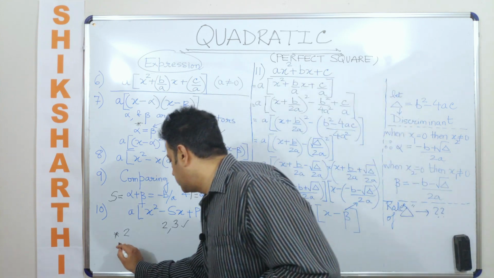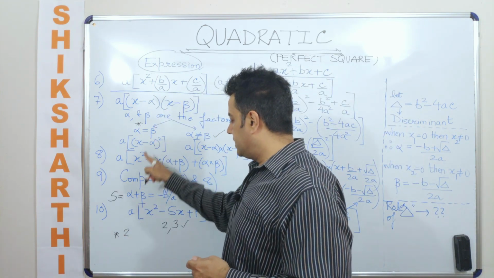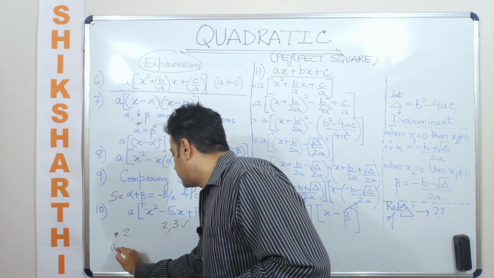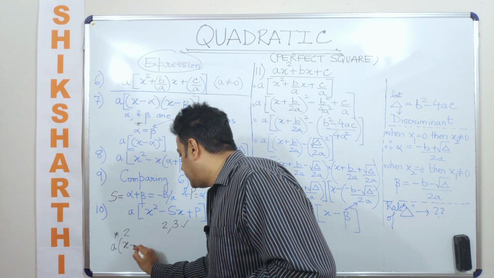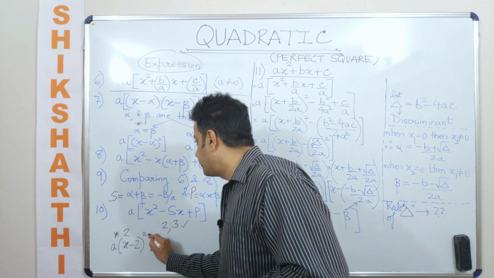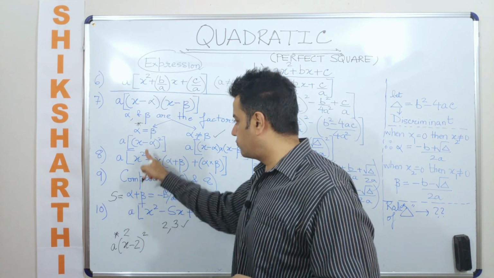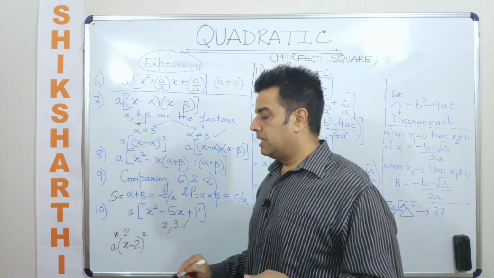How will I write it down? Now I know that alpha is equal to beta is equal to 2. In that case, I will simply write it down as a times of x minus 2 whole square, just related with this formula that we had discussed.